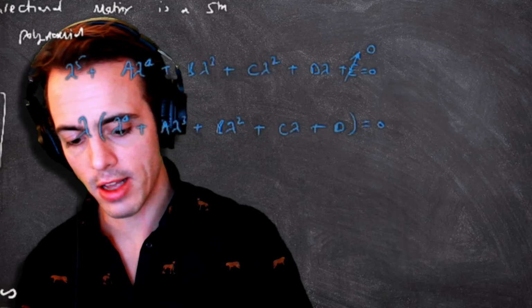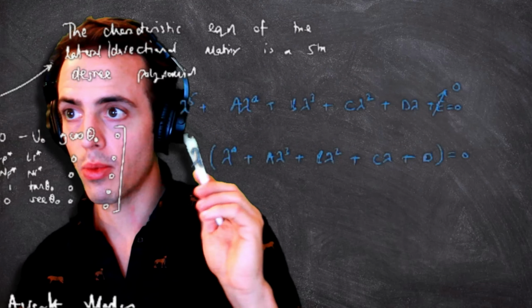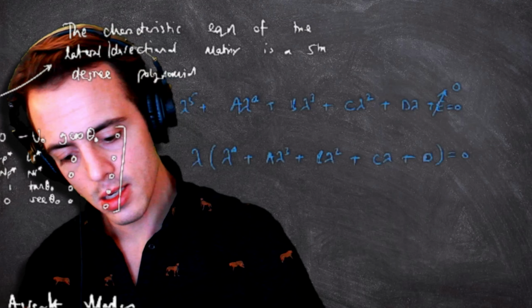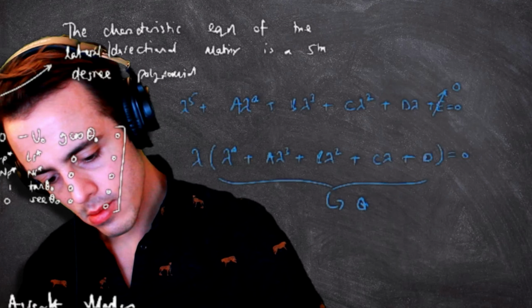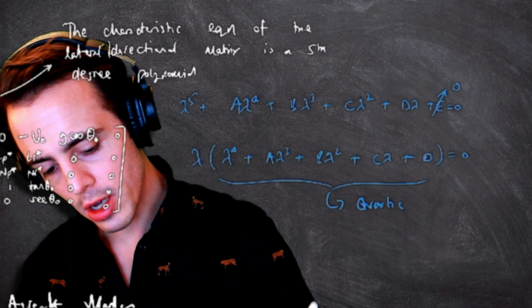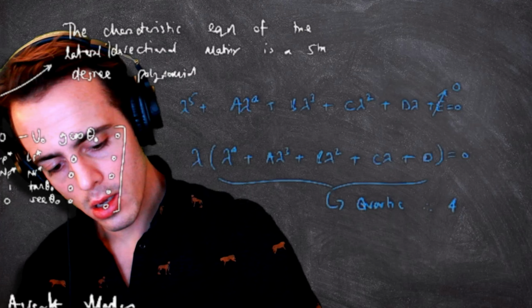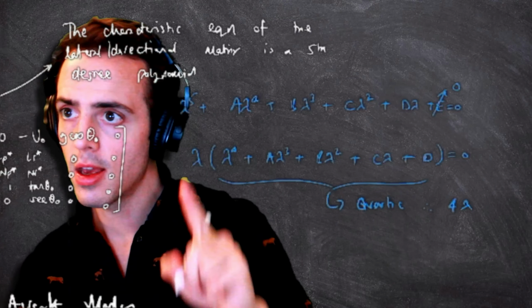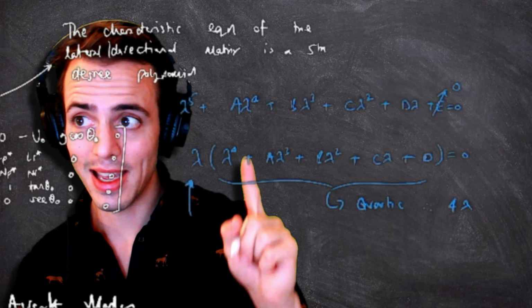We can take out a factor of lambda, which means that we know that one of the eigenvalues, associated with this quartic here, we have a quartic equation, therefore we would have 4 eigenvalues coming out of this. And we're going to have a 5th eigenvalue associated with this one, but the eigenvalue is simply 0.